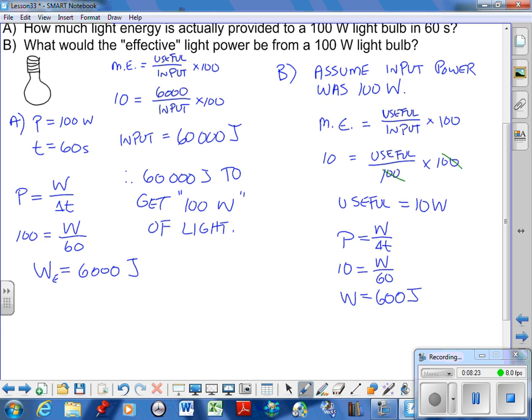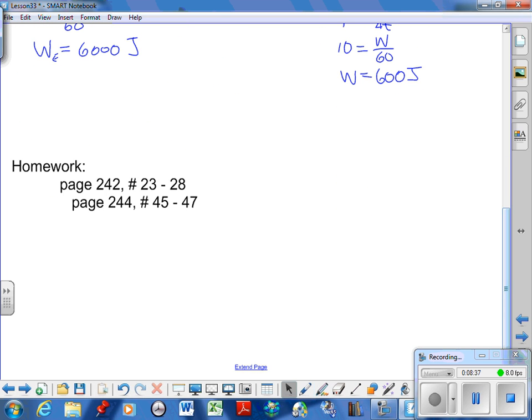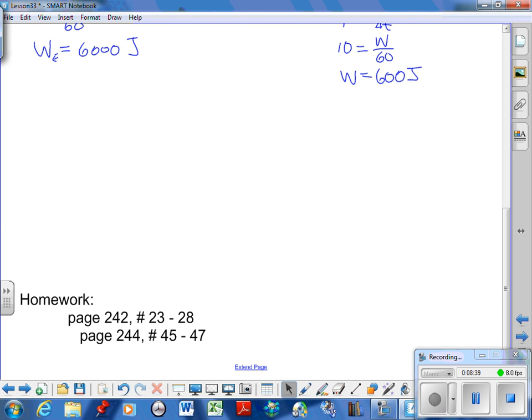So I did the two questions a little bit differently, but you're really only using 10% of what's provided. Now, when you get these high efficiency light bulbs, which are significantly different, you'll see you go to the store and those are the swirly bulbs, like the ice cream cone. So something like this.